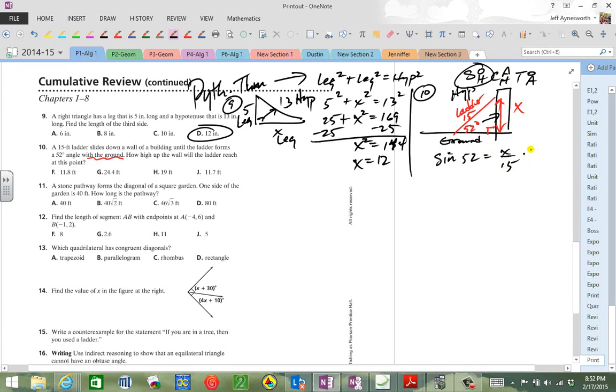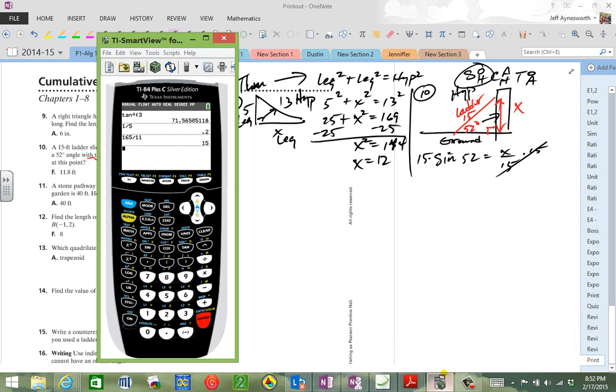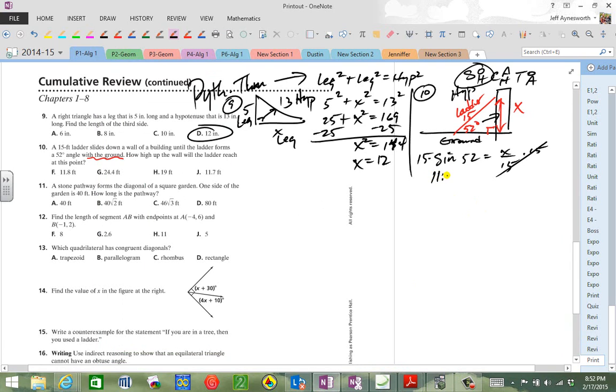Multiply by 15, and you're looking at your exact answer there. But we wanted it to the nearest tenth, so let's take 15 times the sine of 52, and you get about 11.82. So 11.82, and that's got to be this one here, feet.